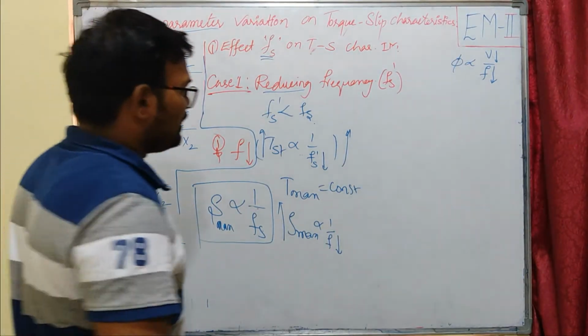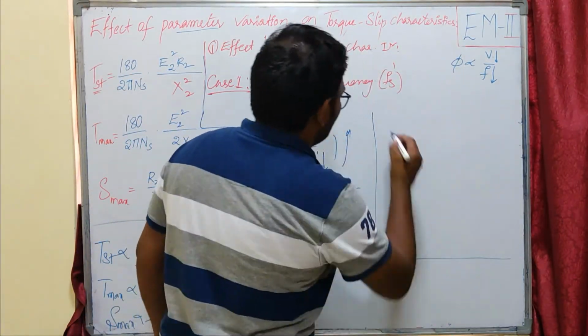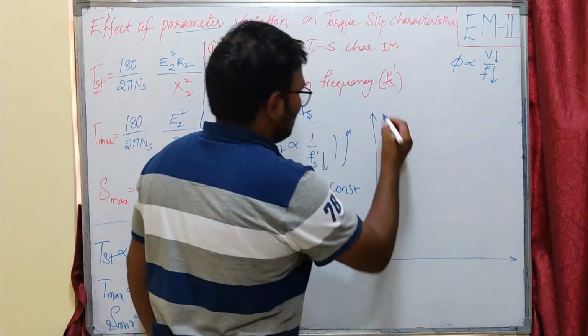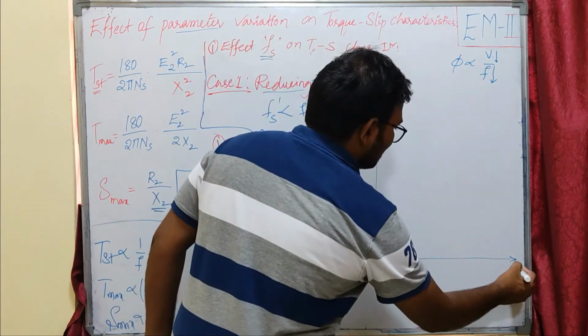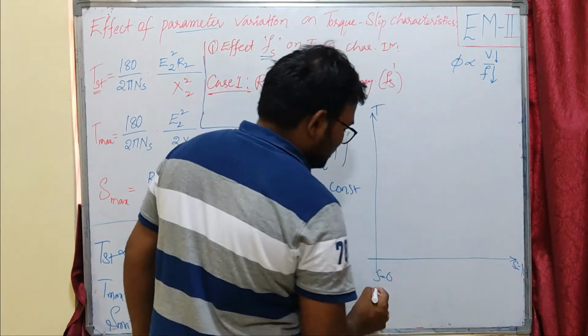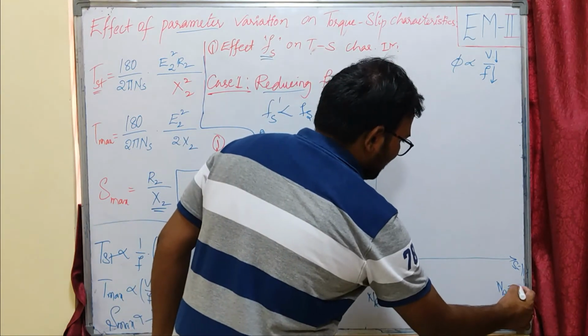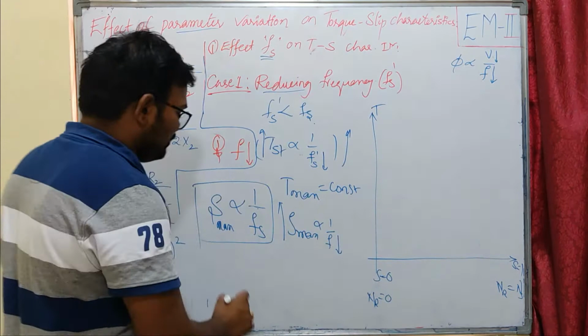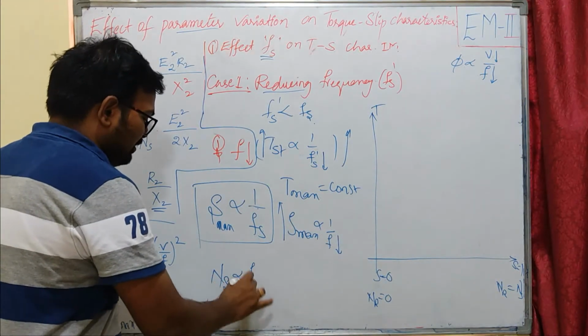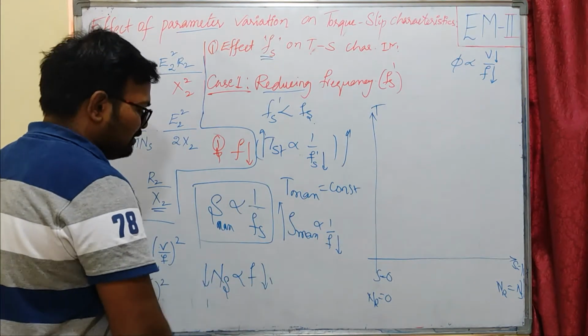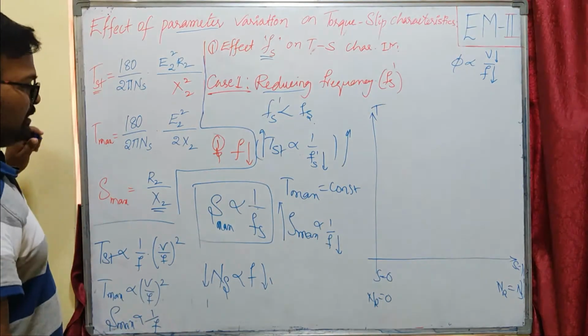So let us draw the torque slip characteristics using these components. I am taking T on the y axis and slip on the x axis. This is the initial condition, which is NR equal to 0, which is NR equal to NS. Here our NS is also dependent on frequency. If you reduce the frequency, our synchronous speed also changes.